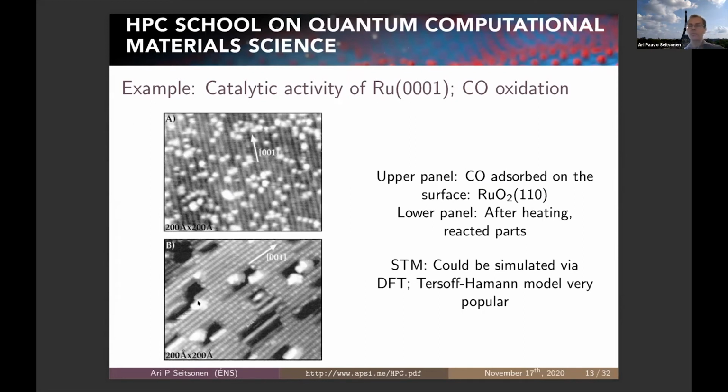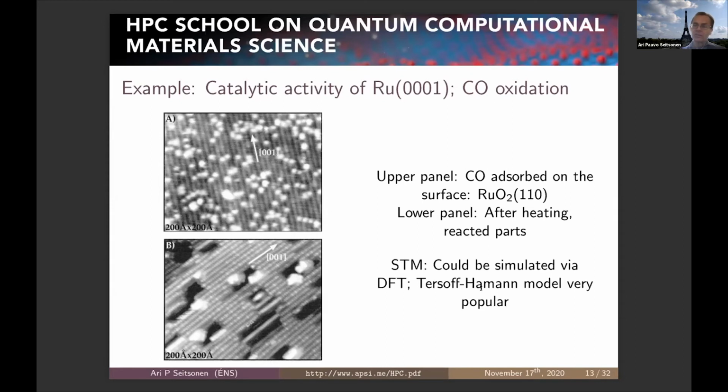That happened because when the CO became oxidized, it took some of the oxygen off the surface with it in the reaction, so it consumed the oxide. But in the real world, one would all the time also provide oxygen, so it would actually heal the surface and the ruthenium would remain oxidized.